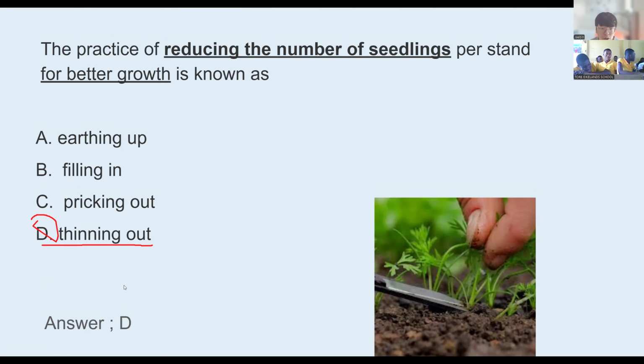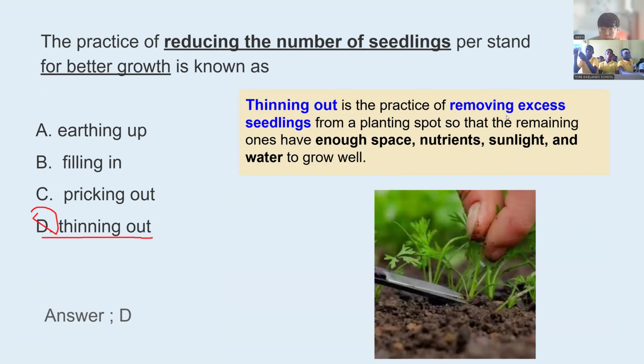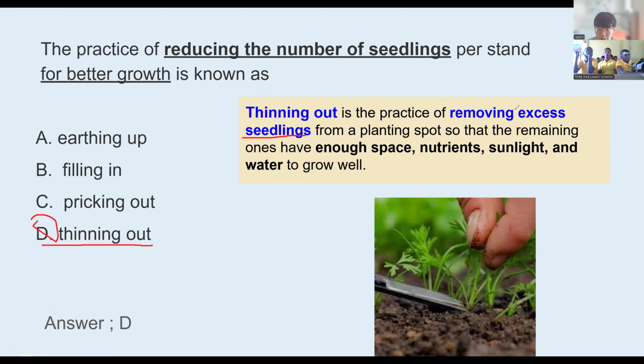Thinning out is the practice of removing excess seedlings from a planting spot, so it's specifically about seedlings, so that the remaining ones have enough space, nutrients, sunlight, and water to grow well.